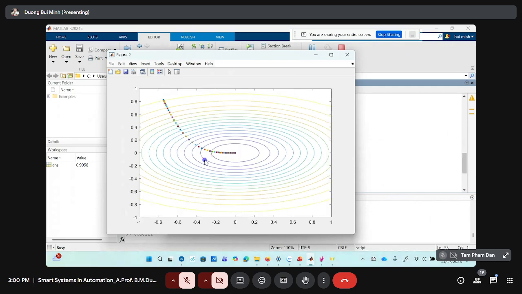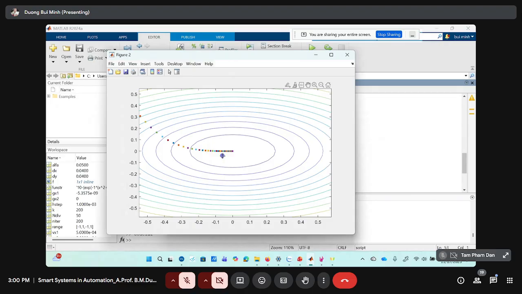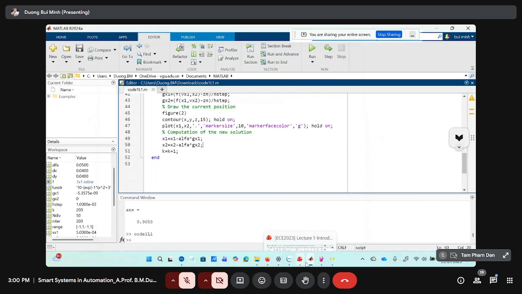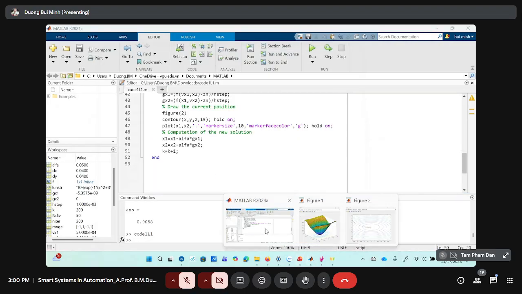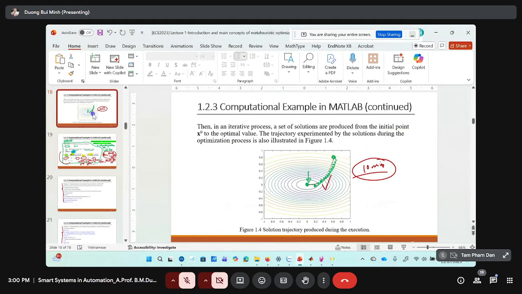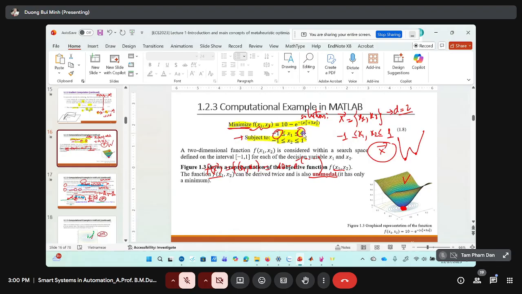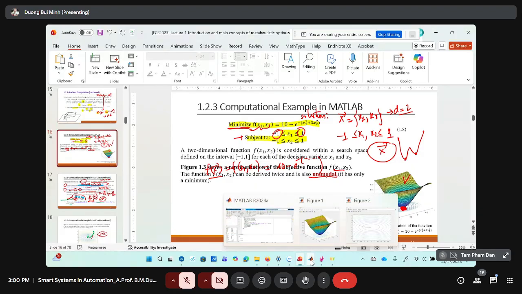That means for this objective function, you get the minimum if x1 and x2 are 0. If x1 is 0 and x2 is 0, you get e to the power of 0, which is 1. So 10 minus 1, you get 9. So fx must be 9.